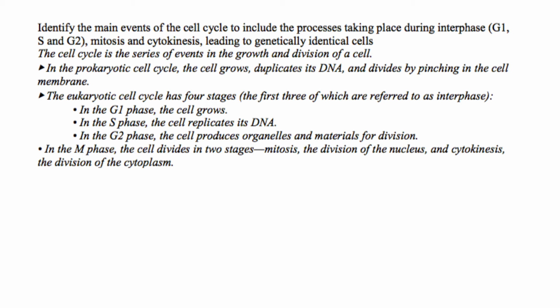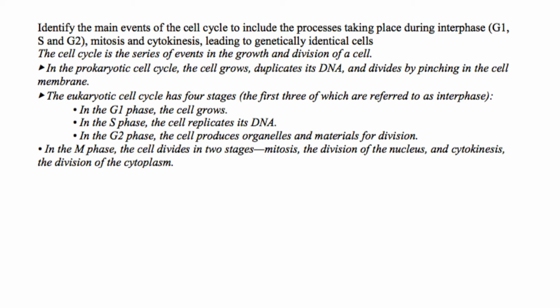So what you need to remember for your exam, the cell cycle, what does it do? It is a series of events in the growth and division of a cell. How is the prokaryotic cell cycle different from the eukaryotic cell cycle? Well, in the prokaryotic cell cycle, the cell grows, duplicates its DNA and divides by pinching in the cell membrane. But the eukaryotic cell cycle has 4 stages.